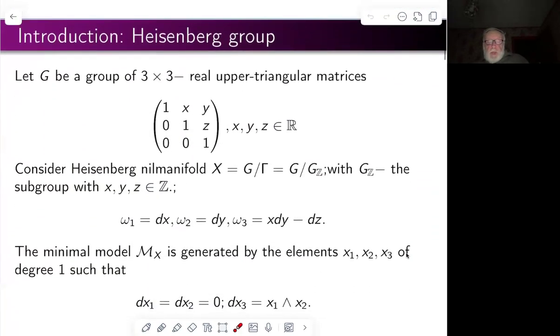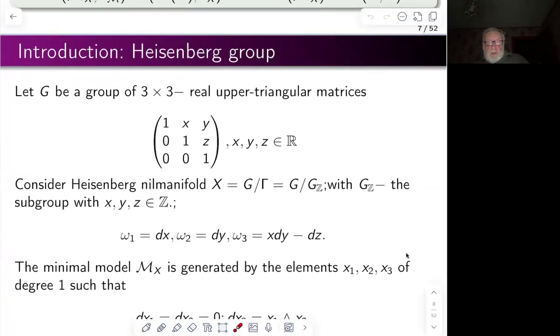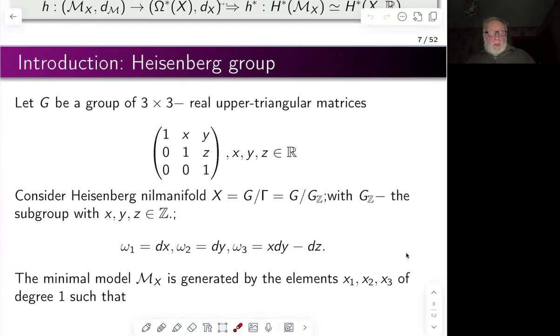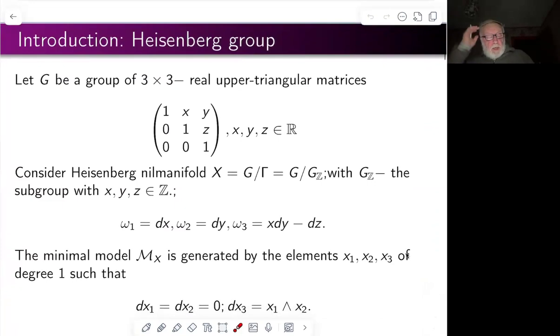Another example, less evident, and you will see that it is very important in Sullivan's context, is the Heisenberg group, which is represented by 3 times 3 real upper triangular matrices.